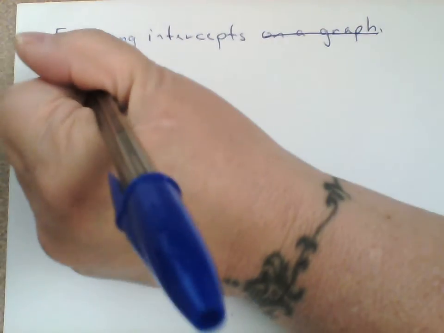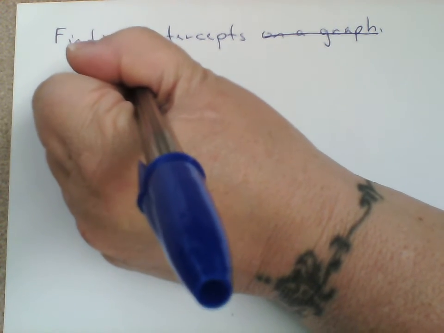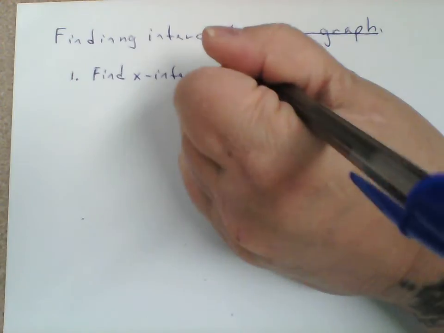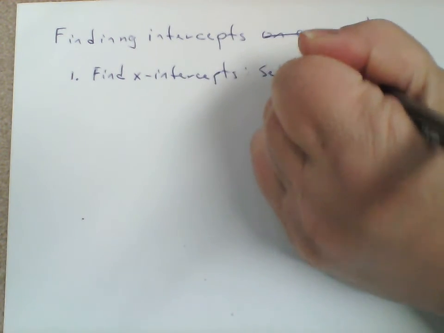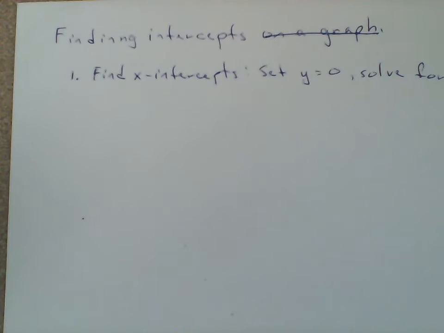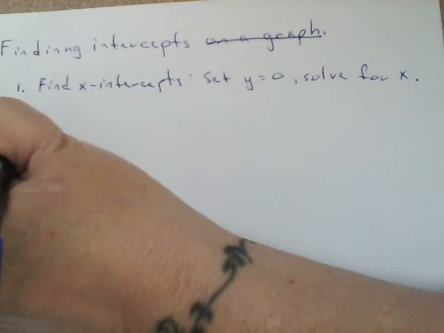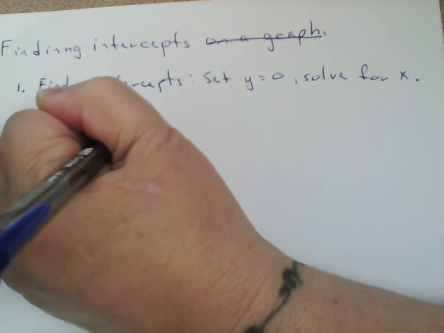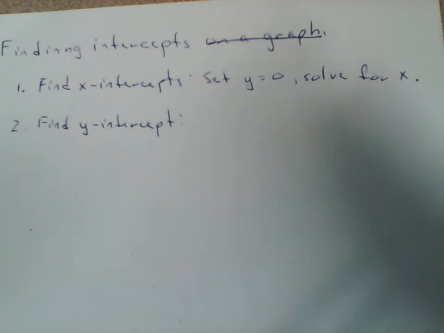So to find x-intercepts, you can set y equal to 0 and then solve for x, right? In the same respect, when you want to find the y-intercept, you're going to set x equal to 0 and solve for y.